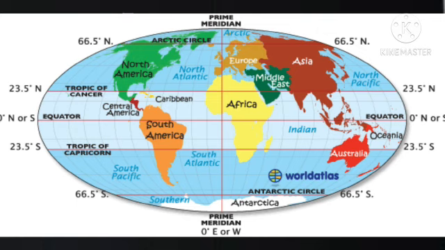Once again I repeat: equator, Tropic of Cancer and Tropic of Capricorn, Arctic Circle, Antarctic Circle, North Pole and South Pole. These are the important latitudes.